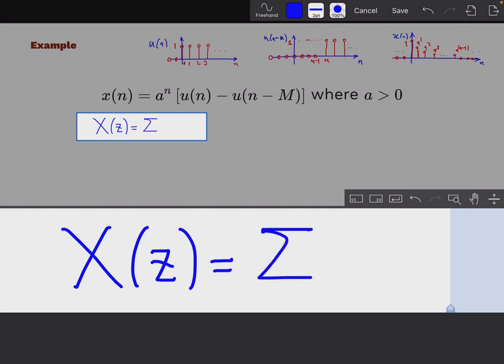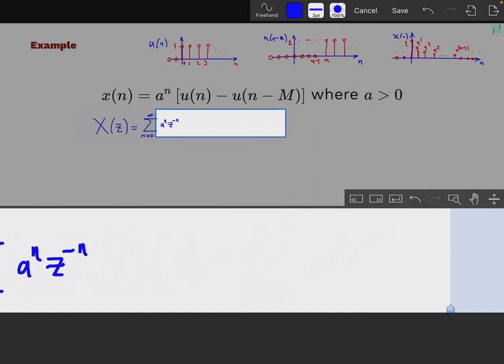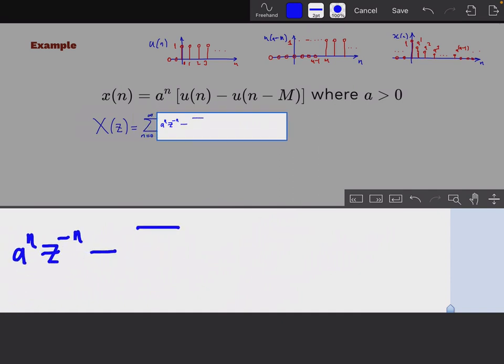That is the sum for n from 0 to infinity, a to the power n, z to the power minus n, minus the sum for n from m to infinity, a to the power n, z to the power minus n.